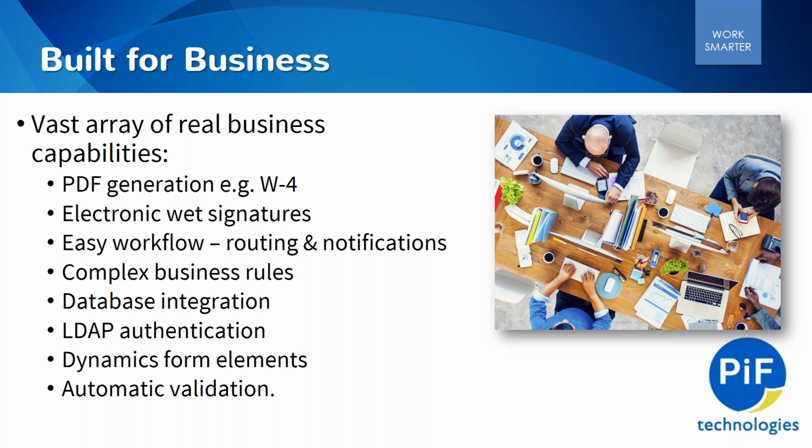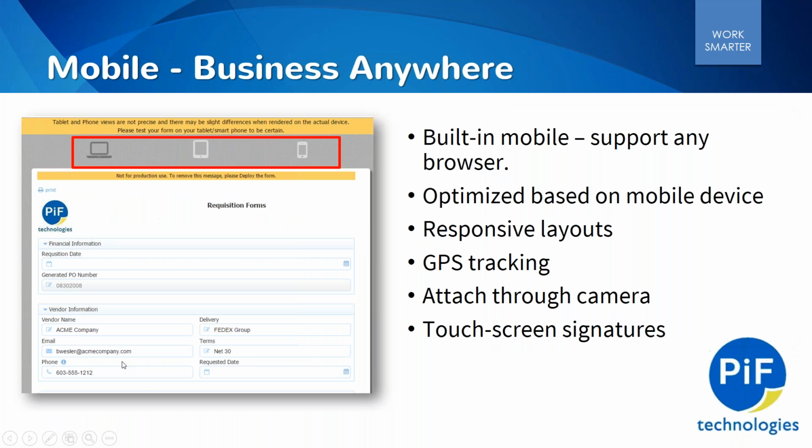So we can do all sorts of things like that. Full automatic validation. So if I put in an invalid email, it's going to automatically catch that. You don't need to figure out some JavaScript to validate certain fields, money fields, date fields, email fields. That's all built into the application.